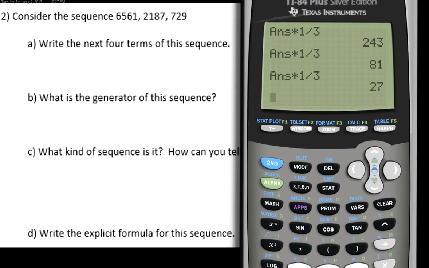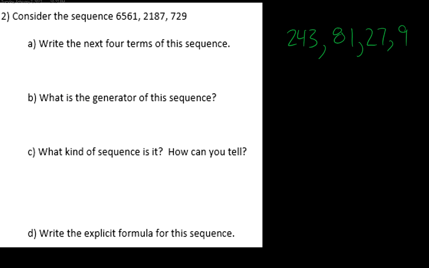Now, my preference is always to think about these terms in sequences in terms of multiplication. It helps write the explicit sequence and makes it look better when you write it that way. So the next question here is, what's the generator of this sequence?